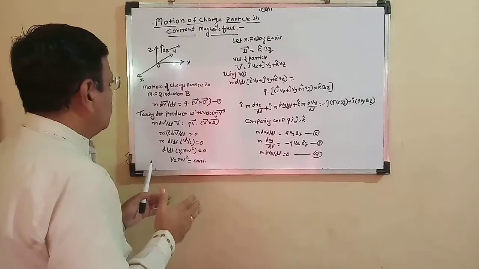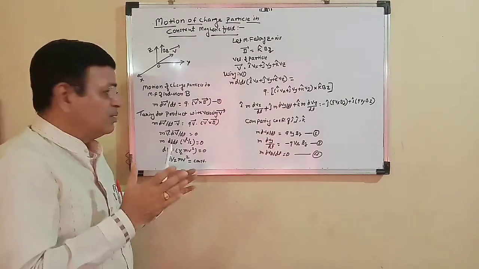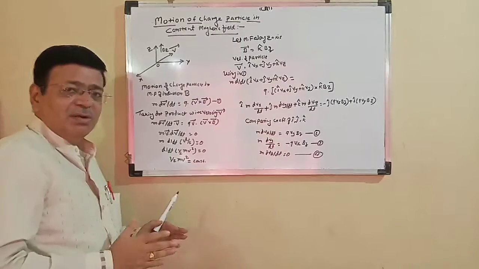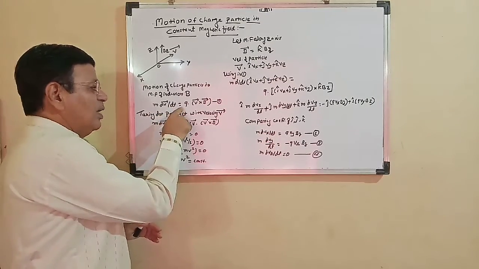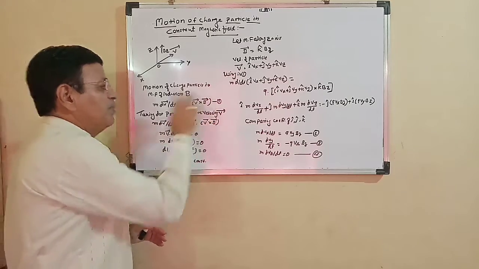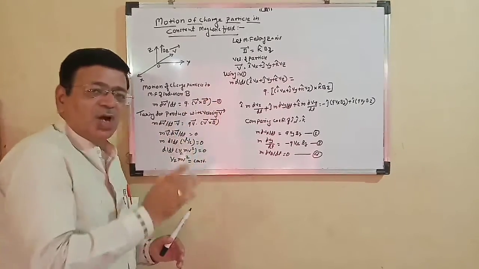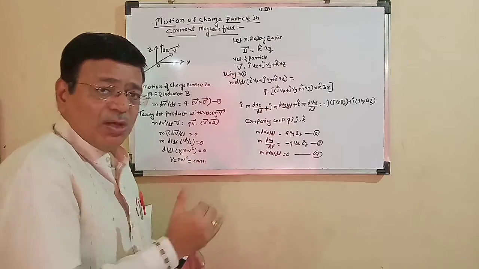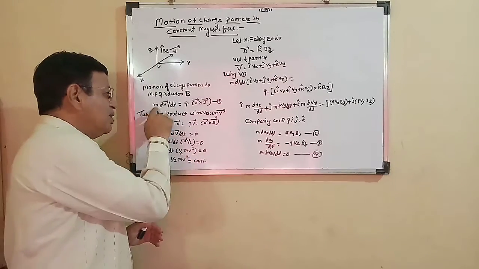Now the motion of a charged particle in a magnetic field of induction B is given by the relation m into dv by dt is equal to q dot v cross B. What is this q dot v cross B? It is the force developed due to the application of the magnetic field. And what is m into dv by dt?